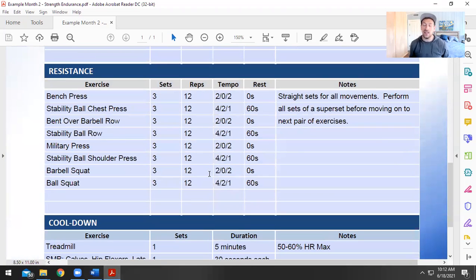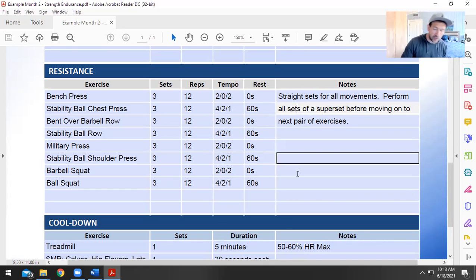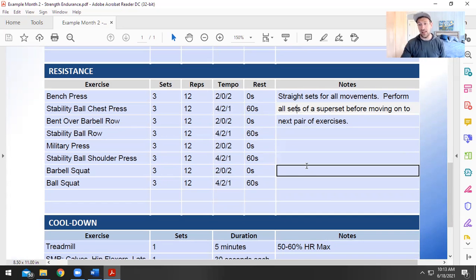Now, in the strength endurance phase, we have to do that superset thing we talked about earlier, right? Because it's a superset, I need to tell my clients we're doing straight sets for all the movements, and you're going to perform all sets of a superset before moving on to the next pair. So this is going to be horizontal loading, rather than the circuit style we did last month.